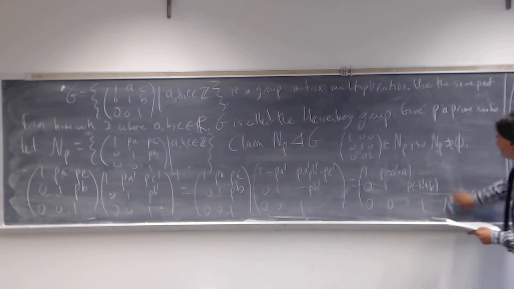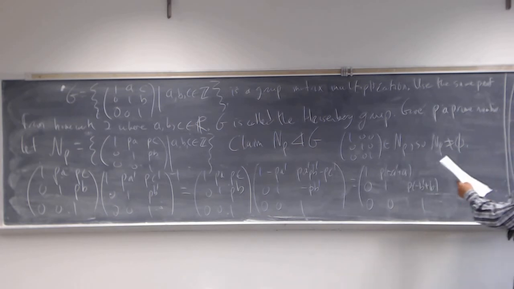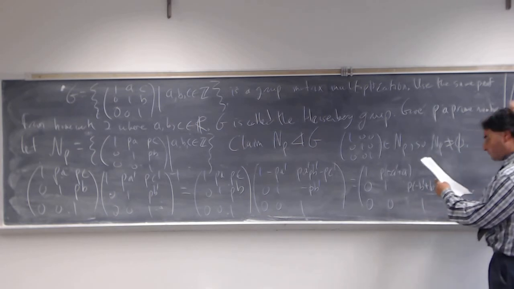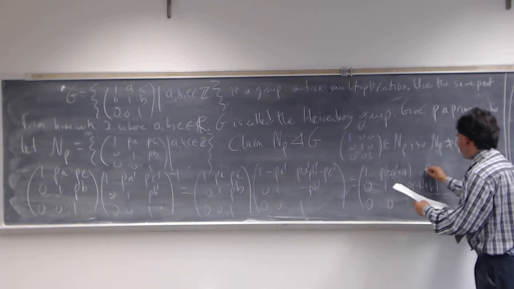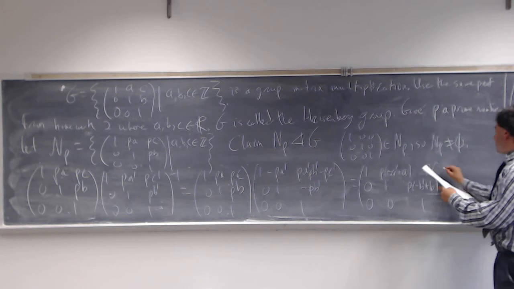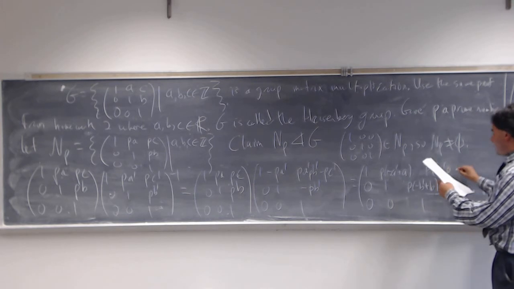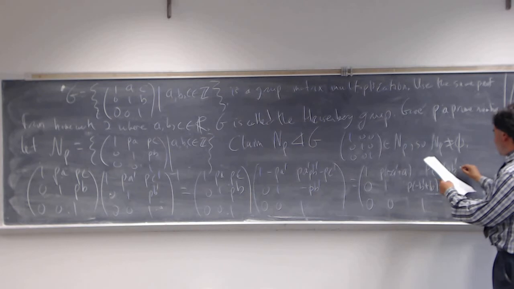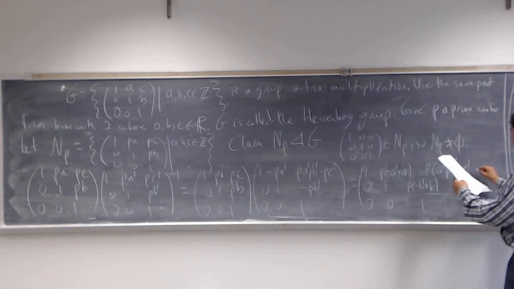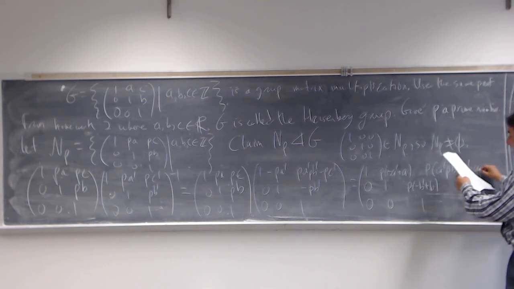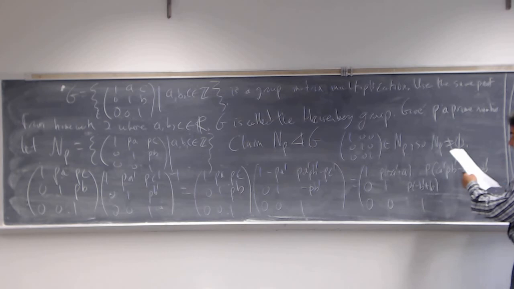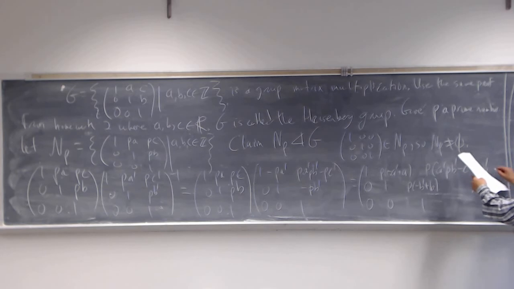And then our final entry, after some factoring, we can pull out P: A prime B, P B prime, minus C prime, minus A, B prime, plus C.